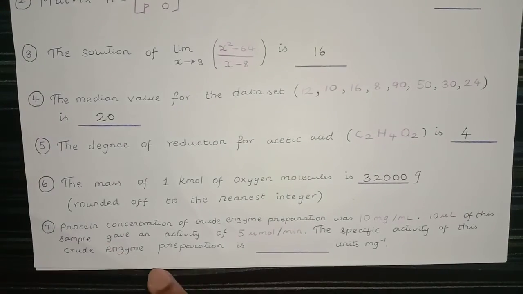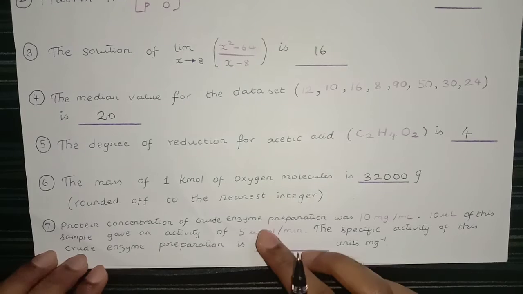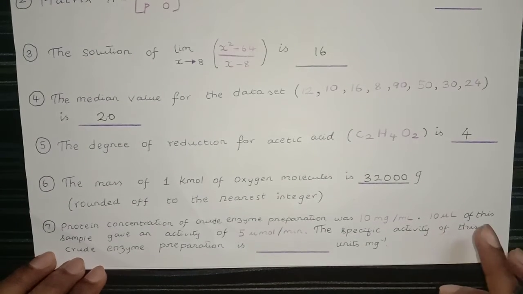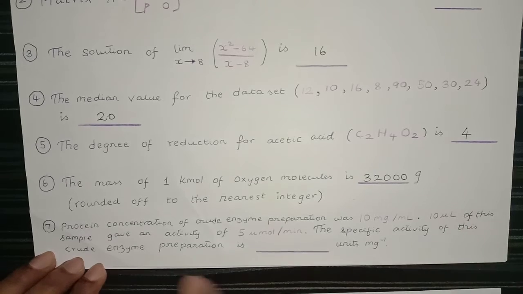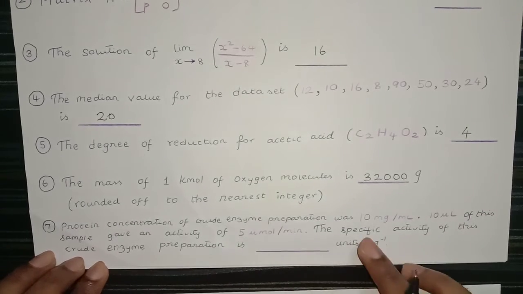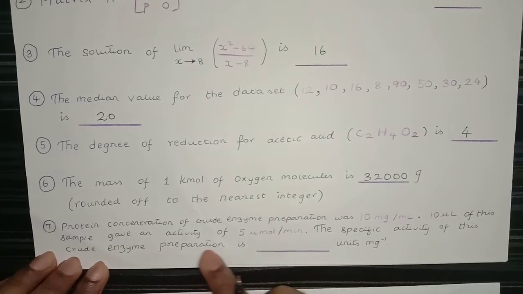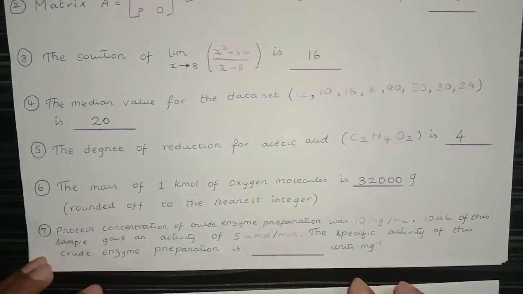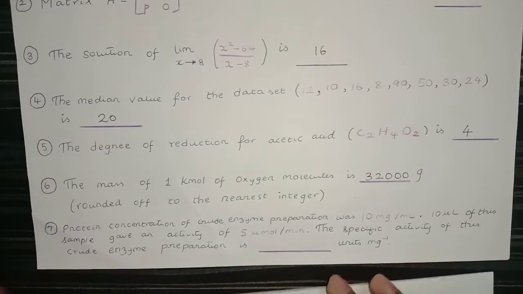Question 7. Protein concentration of crude enzyme preparation was 10 mg per ml. 10 microliter of this sample gave an activity of 5 micromole per minute. The specific activity of this crude enzyme preparation is dash units times mg to the power -1.